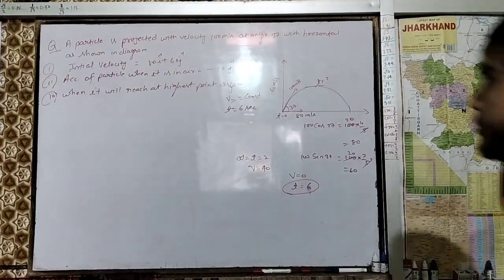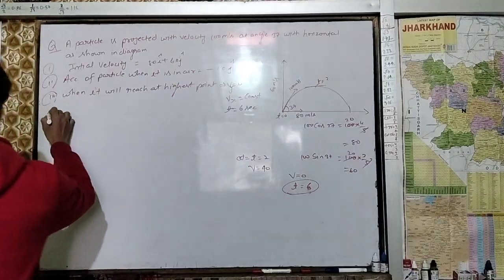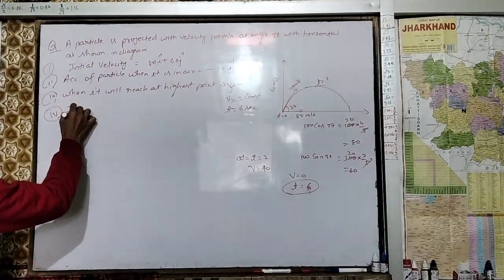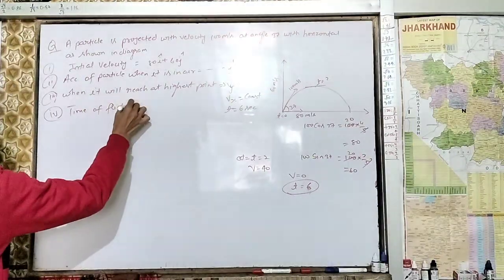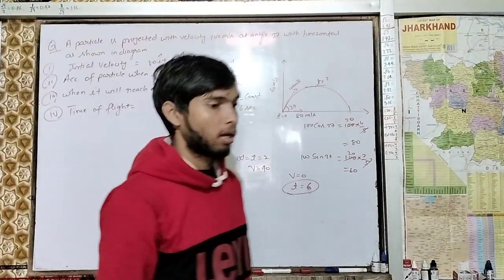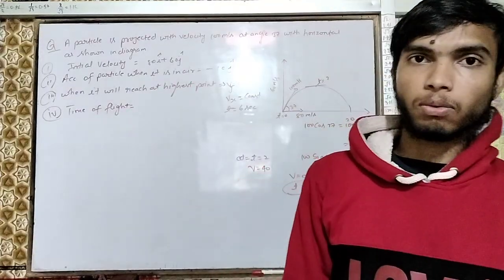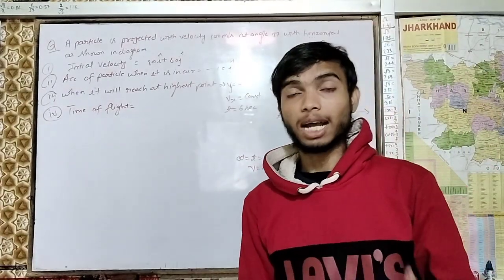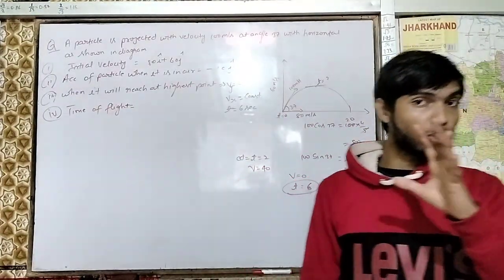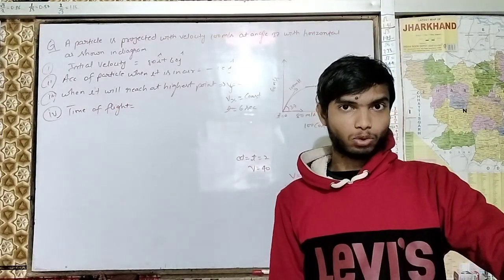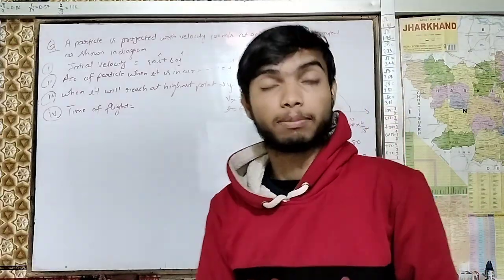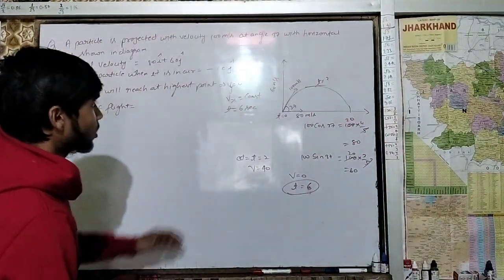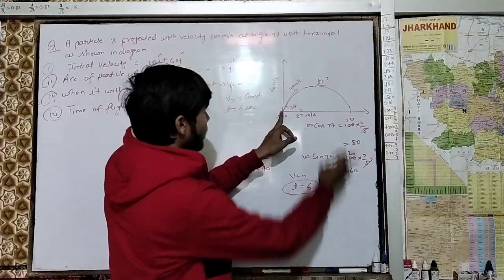Next question: time of flight. Time of flight means the time taken by the particle to stay in the air. So that time is being asked, from here till here.